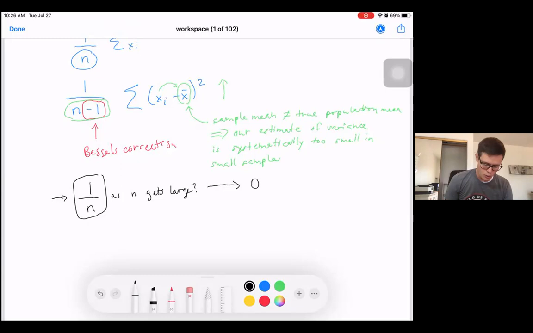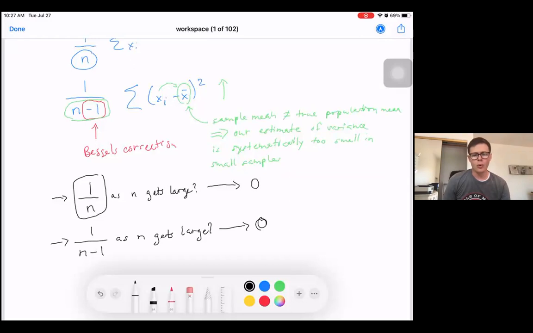So this is interesting. What happens to Bessel's correction as n gets large? The answer is the same thing. It also approaches 0 at about the same rate. So in either way, as n gets large, this small adjustment, n minus 1, becomes a smaller and smaller deal.